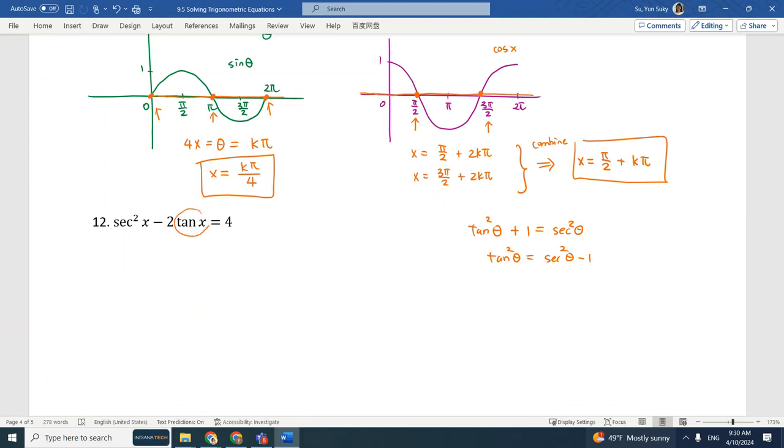But then do you see you only have tangent, you don't have tangent squared? So if you express the tangent in terms of secant, you introduce square roots. Do you like to see square roots? No, no one wants to see square roots. That is why in this problem we express the secant squared in terms of the tangent squared.